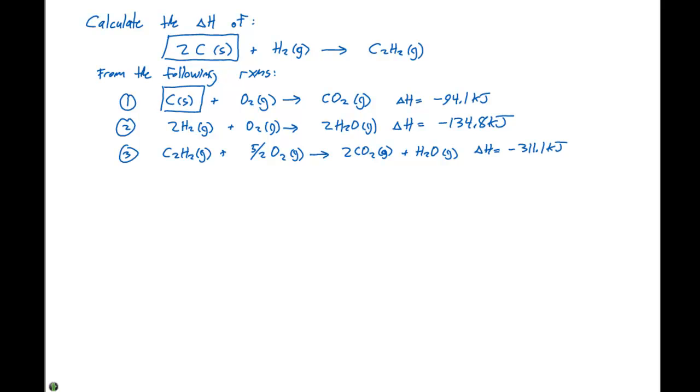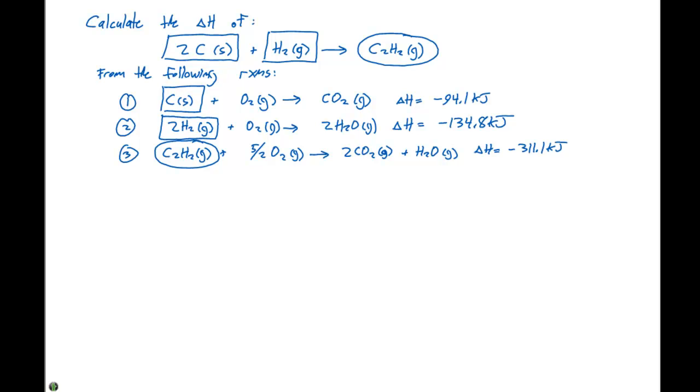Okay? Also as a reactant is hydrogen gas. So anytime hydrogen gas shows up, we also want to circle that. Okay? C2H2 is a product. So we're going to circle this one, and we have C2H2 down here as a product.